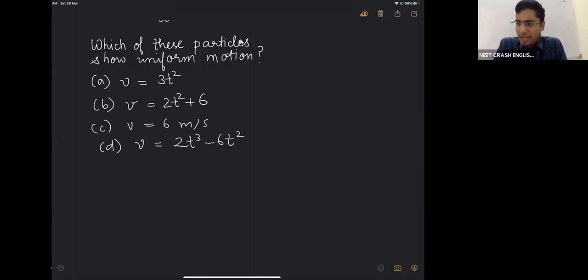Again, this is a very simple question if you understand what it is. Clearly, the answer has to be C, which many of you are giving, 6 meters per second, right?